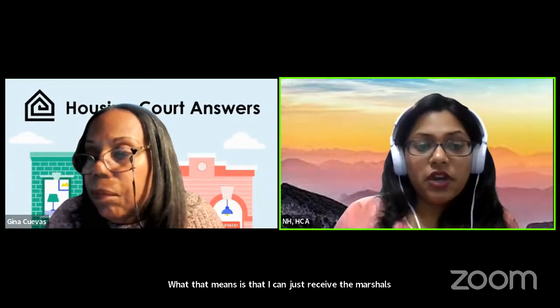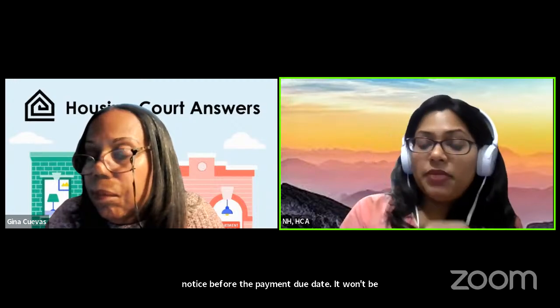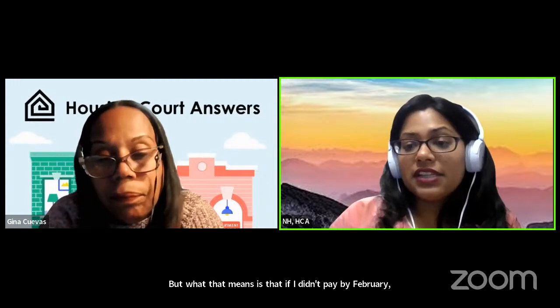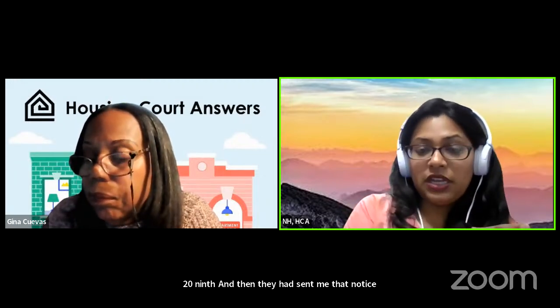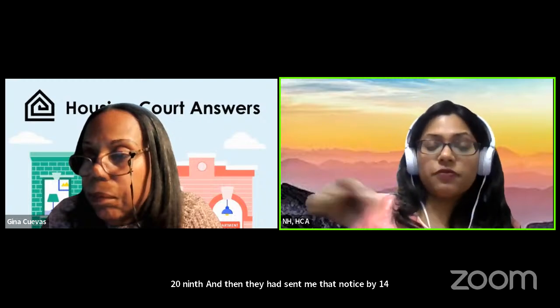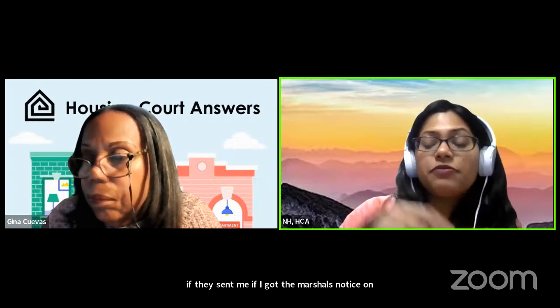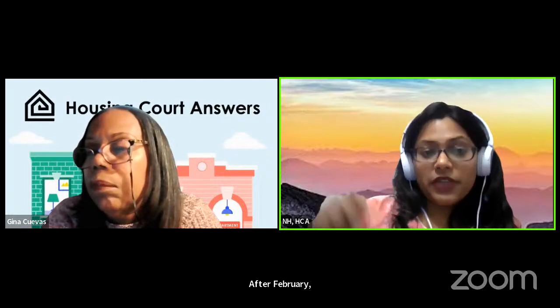But if I didn't pay by February 29th, and they had sent me that notice 14 days before February 29th, March 1st is the first day I can be evicted. Now, if I got the marshal's notice on February 27th, I still need to be given 14 days after February 27th before the marshal can come and evict me.